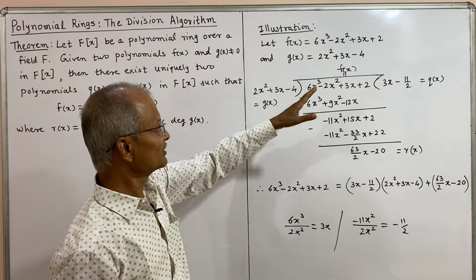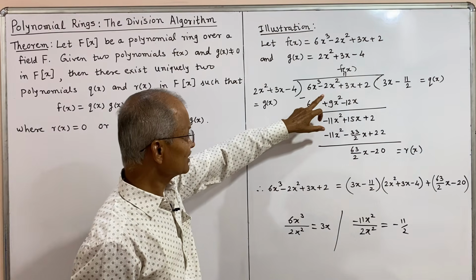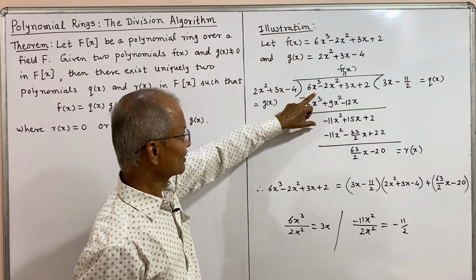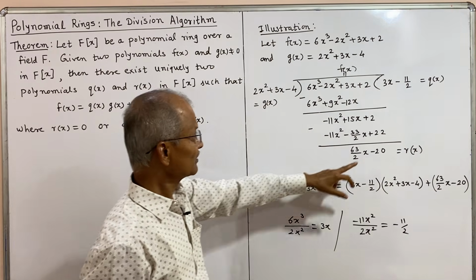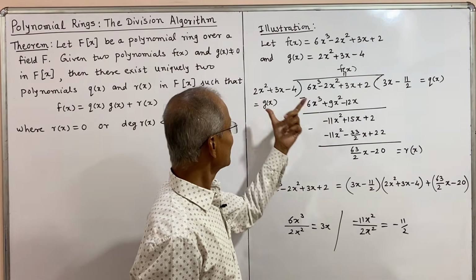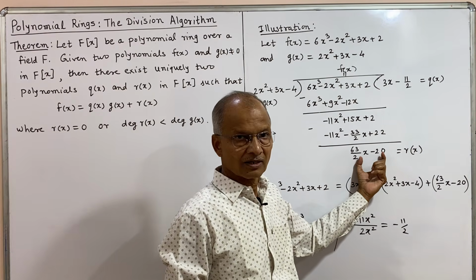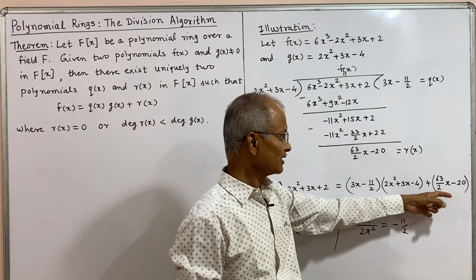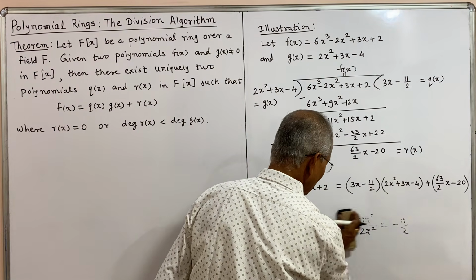The relation between f, g, q and r is that f(x) is equal to the product of q(x) and g(x), that is 3x minus 11 by 2 into g(x), plus the remainder, 63 by 2 x minus 20.